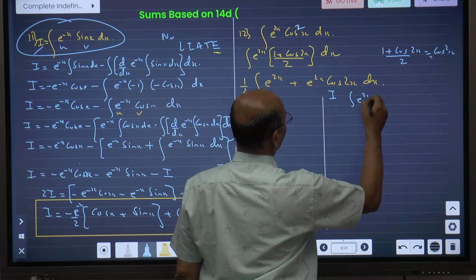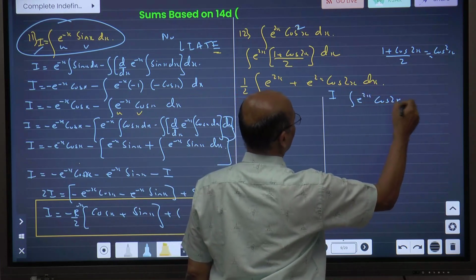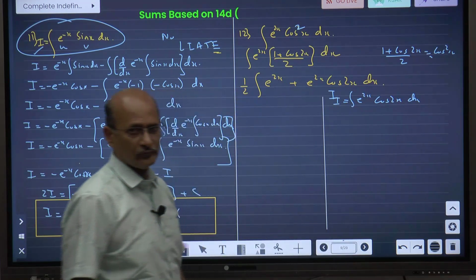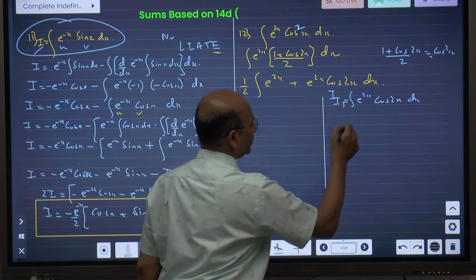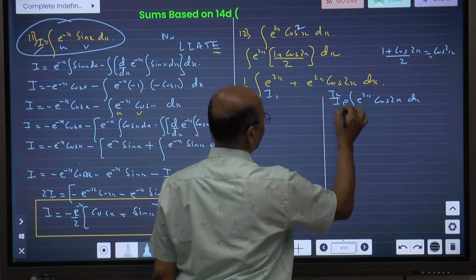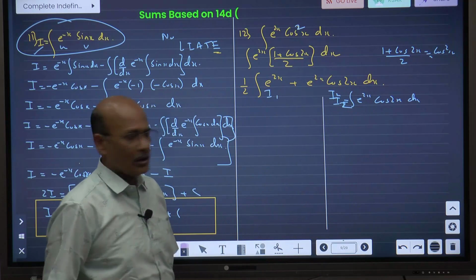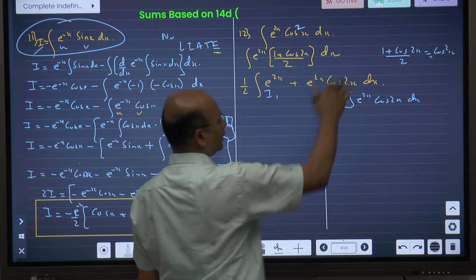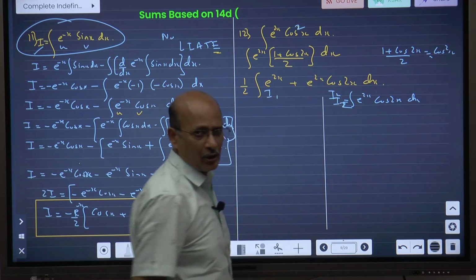So e raised to 2x cos 2x dx. I will put this as I1 and this as I2. Let us take that as I2. What happens now? I have to solve this separately, then you can merge it with this answer, no problem. I hope you got this point clear.